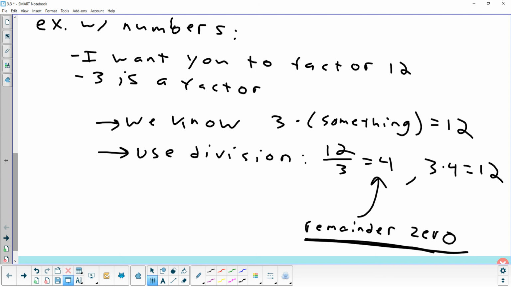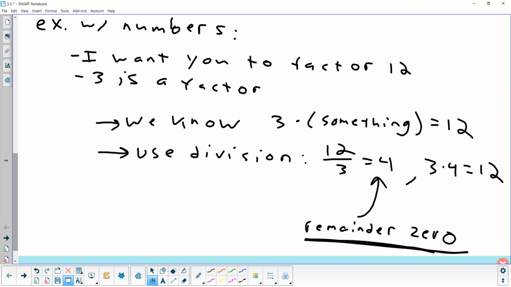You get a remainder of 0. So what we're going to eventually be able to do is, if we have a quick way to find remainders, we can very quickly tell, is this a factor of that? All we have to do is say, would we get a remainder of 0 if we divided it into it? If the answer is yes, it's a factor. If the answer is no, it's not a factor.